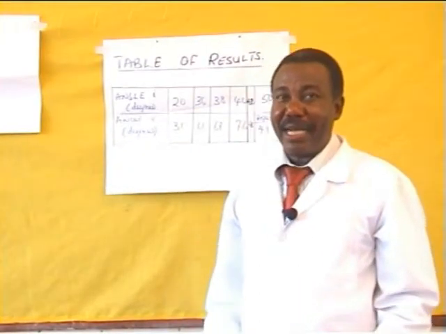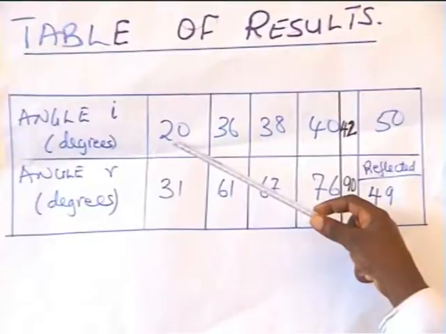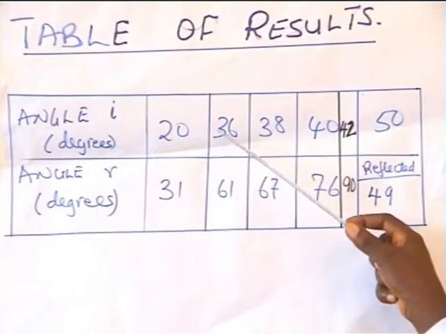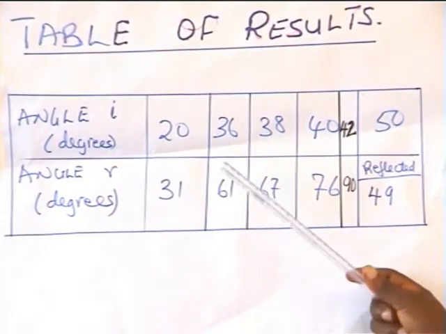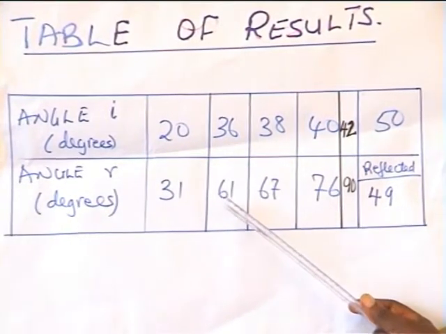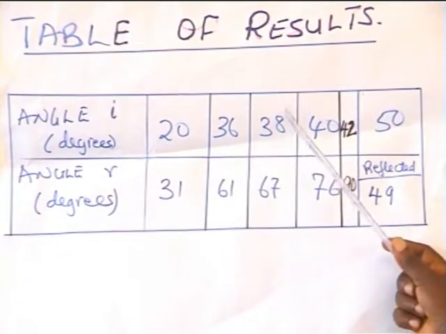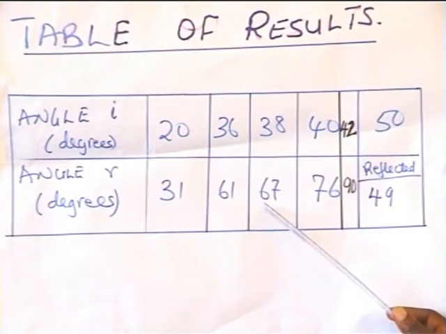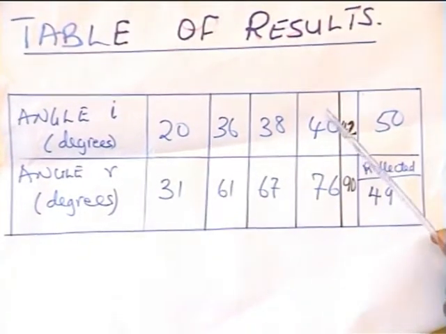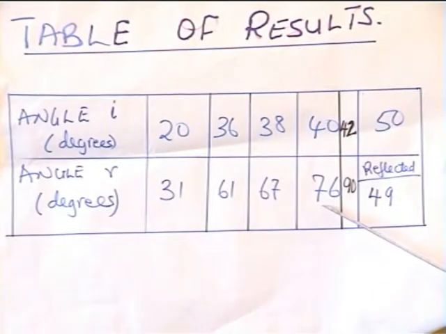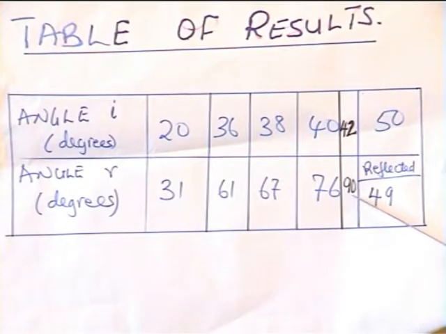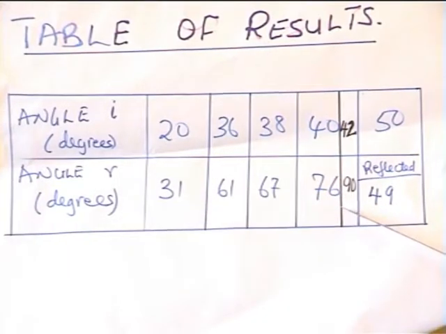When you complete that, you find that when it is 20, that of refraction is 31; 36, refracted angle is 61; 38, refracted is 67; 40, refracted is 76; 42, refracted is 90, which was parallel to the two media.